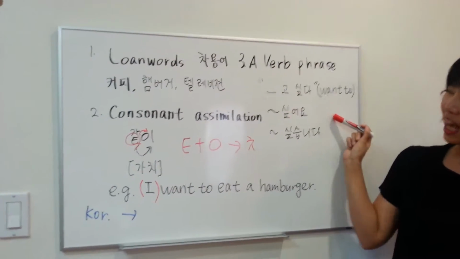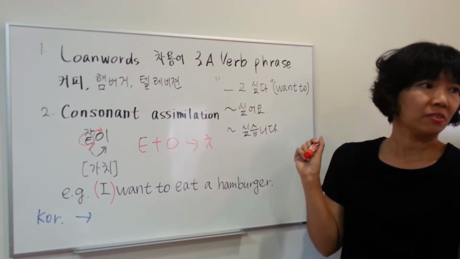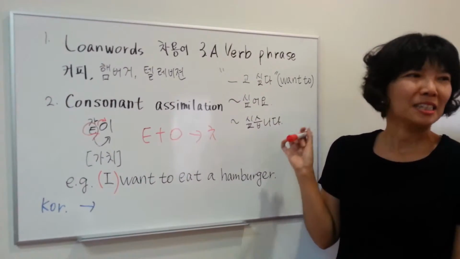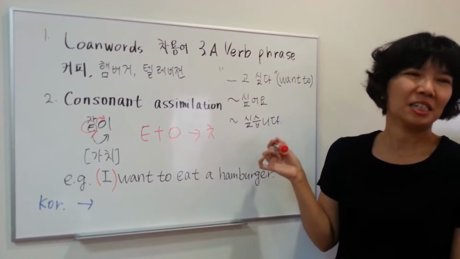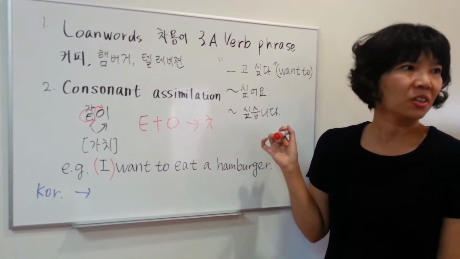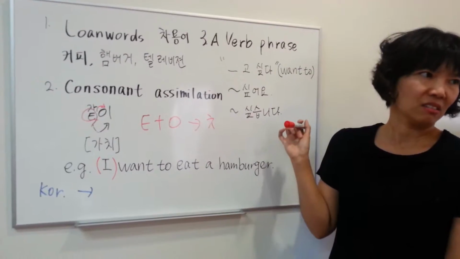But we have some honorifics for each verb phrase in Korean. And this is one of the reasons that foreign students think it's very difficult to understand some Korean verbs, because of the different honorifics.